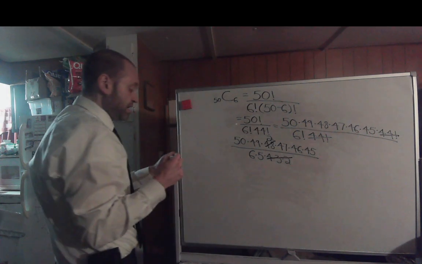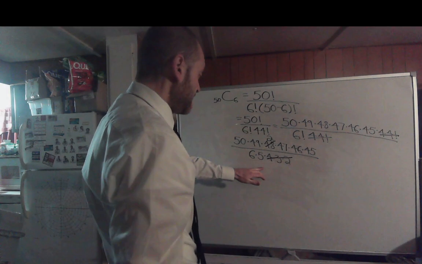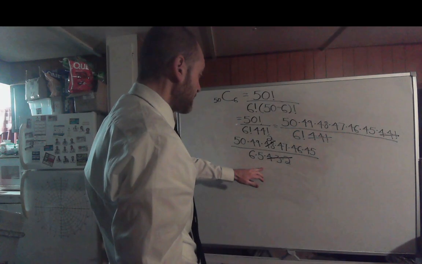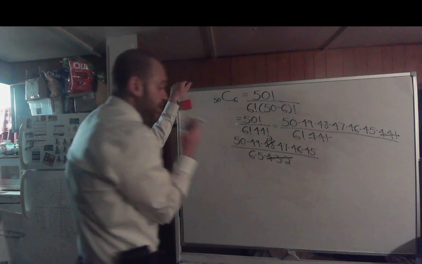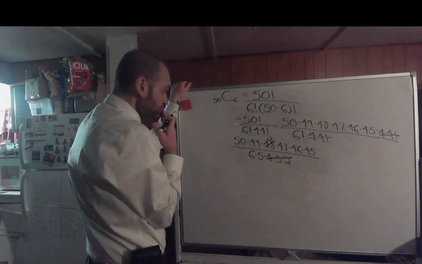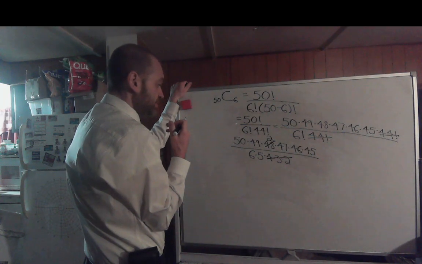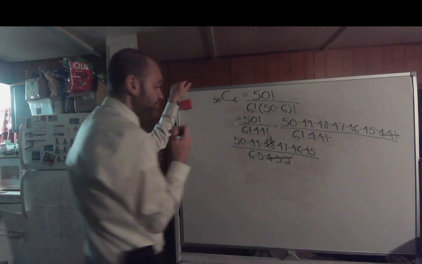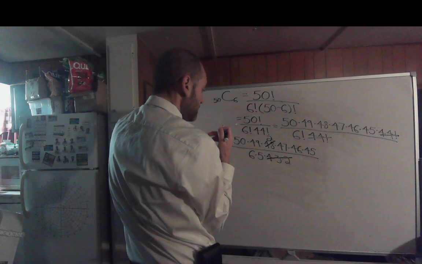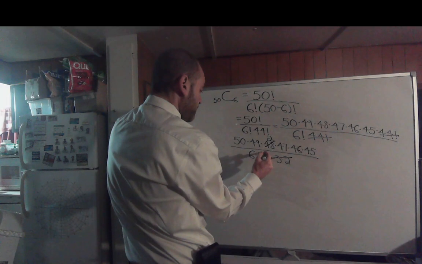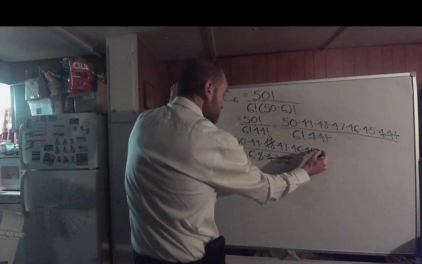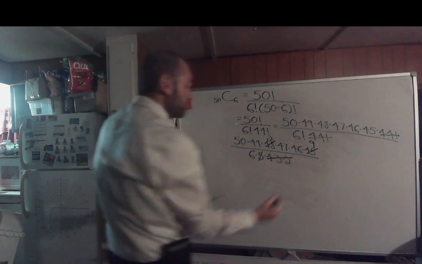Alright, then we have 6 times 5. And then we have 45. Well, here's the thing also. 5 can go into 45 9 times, so that 45 can get reduced to a 9.